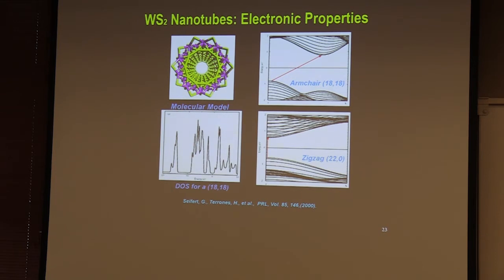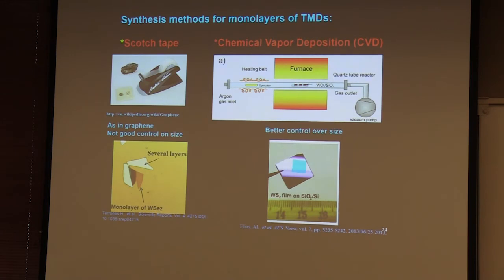So now one of the things I see is that people are becoming interested again in these tubes, because depending on the diameter and the structure, you can have a direct band gap, which is very good. You can, in fact, tune this direct band gap depending on the diameter. Okay, I will go very quick.